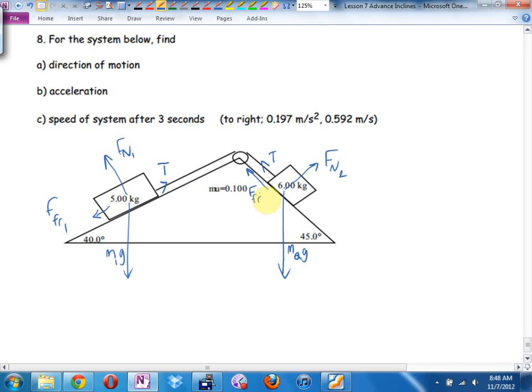Oh, components, because we got slanties. So let's break this up into M1G perpendicular, M1G parallel, M2G perpendicular, and M2G parallel.